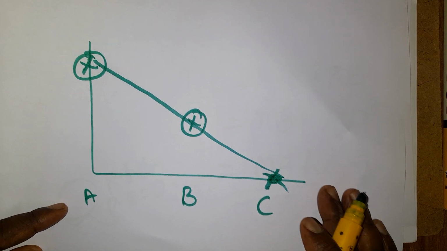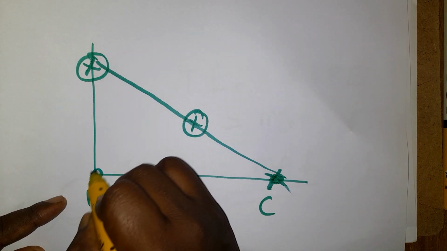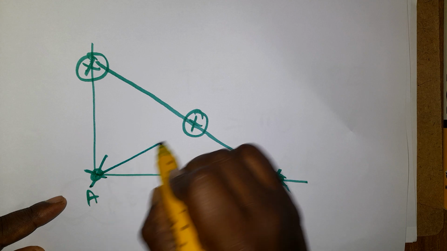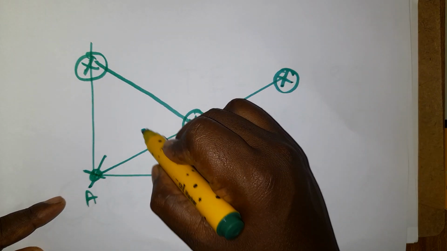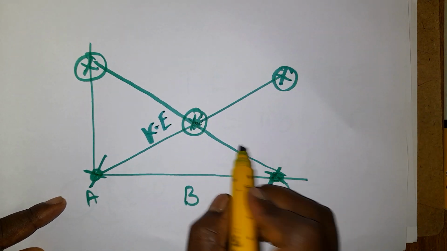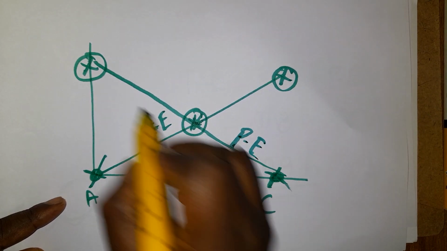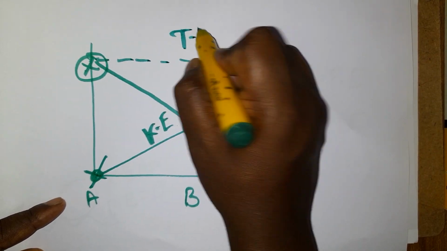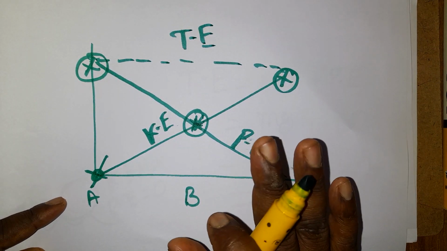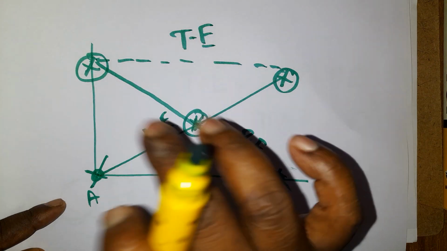Now what about kinetic energy? A, minimum kinetic energy, B, half, C will be maximum. This is going to be the kinetic energy and this is going to be the potential energy. Total energy remains constant, neither do we create nor destroy. This is the graph of the conservation of energy.